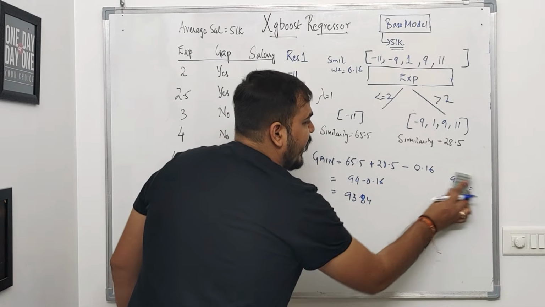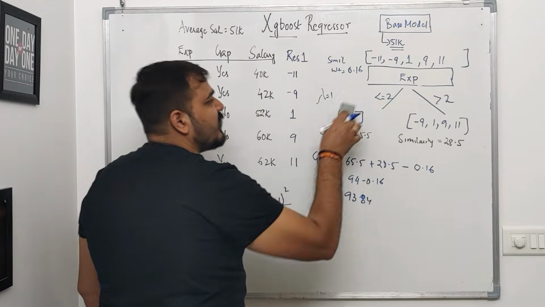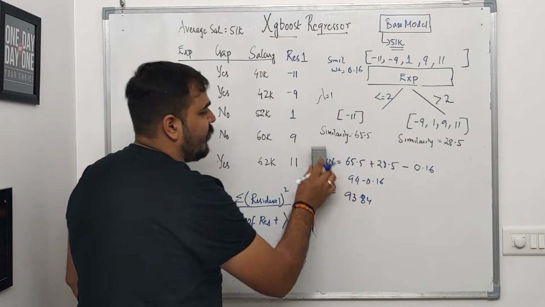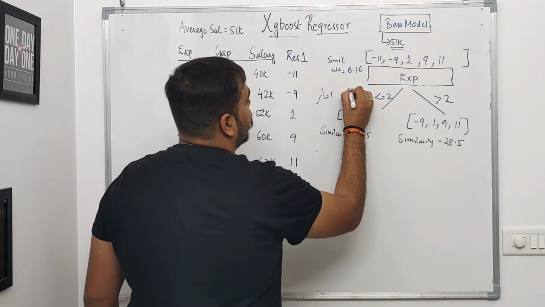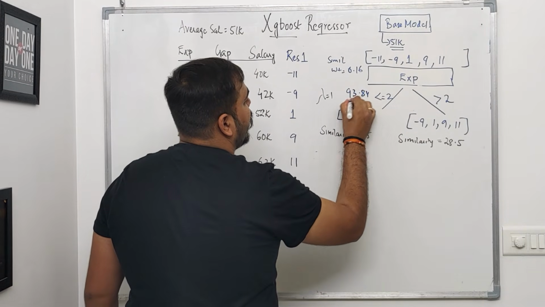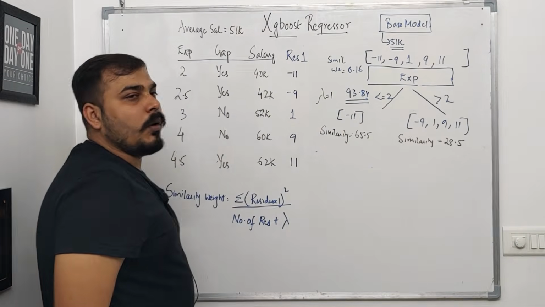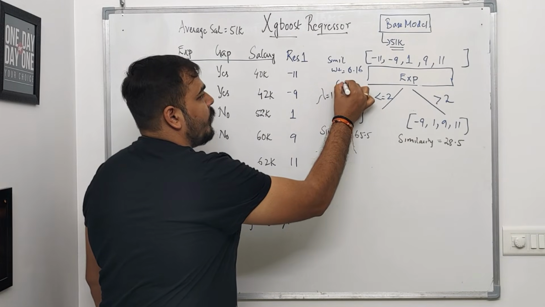So the total gain that I am getting from this split is basically 93.84. I'm just going to note this down: the total gain that I'm going to get is 93.84. Okay, so this is my gain.